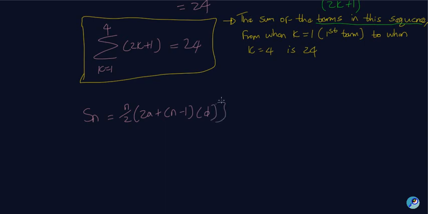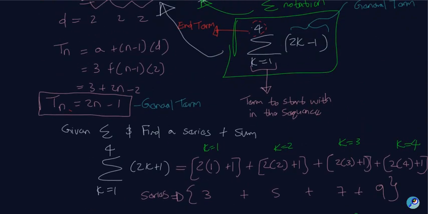Yabona so ithi siyicheck sibone ukuthi izosinikeza na le value le 24. So n wethu u4 because sinama terms ay 4. So the last term is like 4. 1, 2, 3, 4.